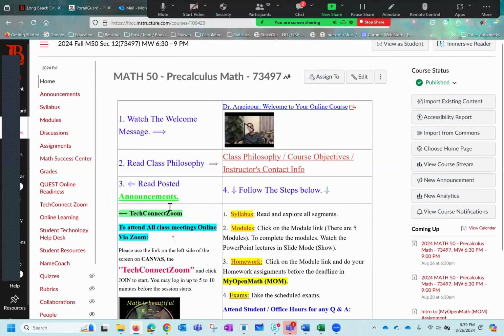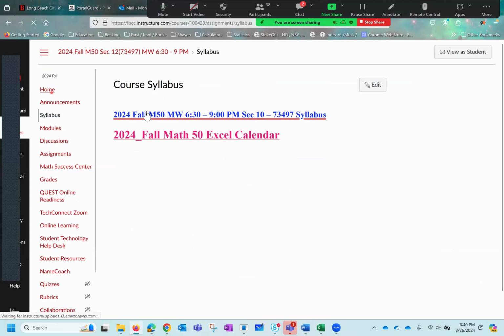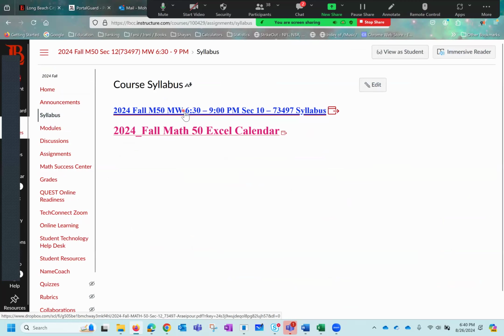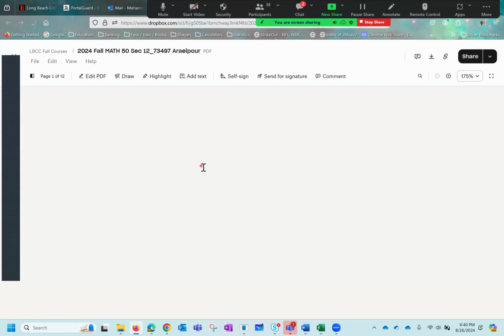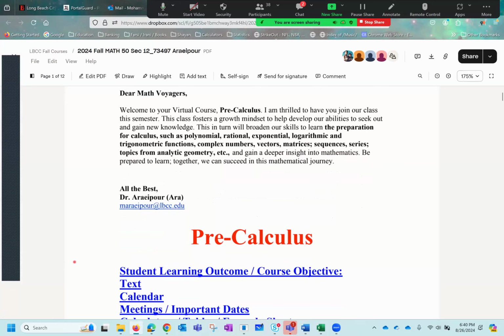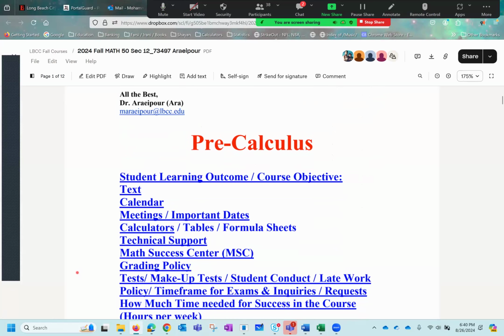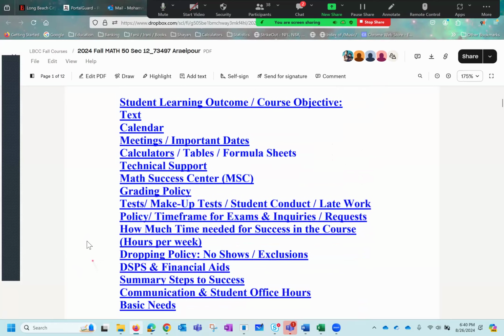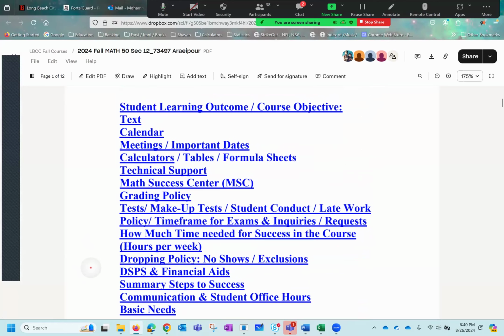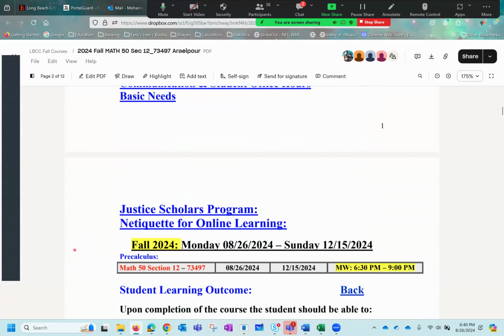Going back to the home page of Canvas, I can look at the syllabus from here or from the left navigation bar. So we have the syllabus. First, a short message welcoming you to the course. Then we have topics, because syllabi are getting larger and larger, I put them in this format.